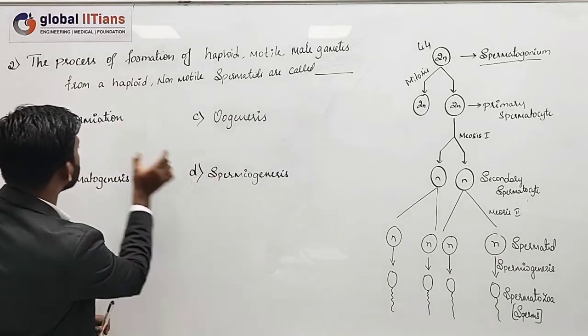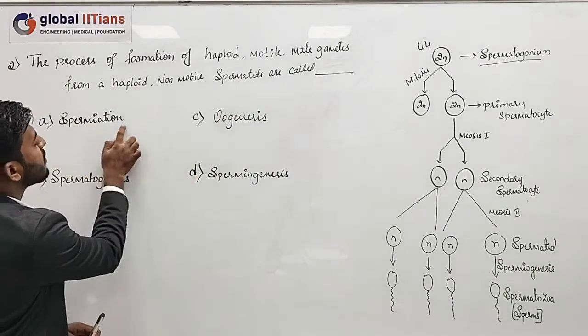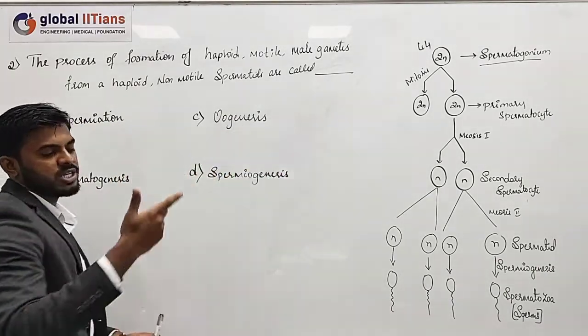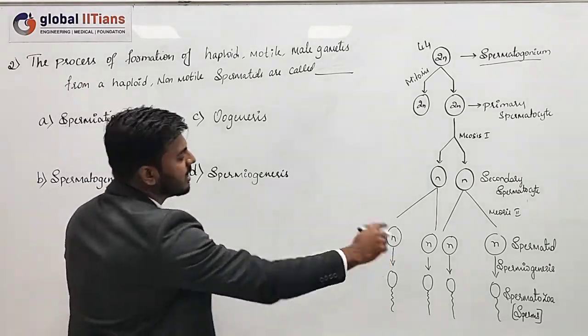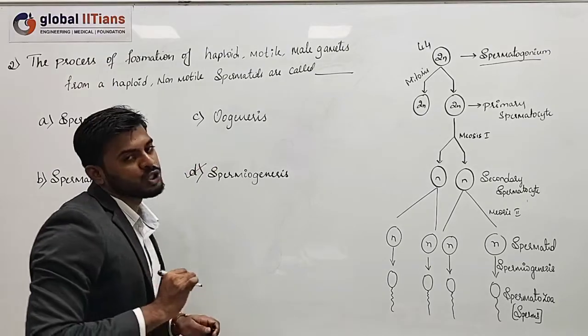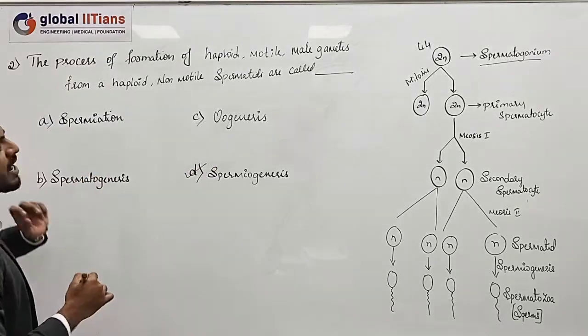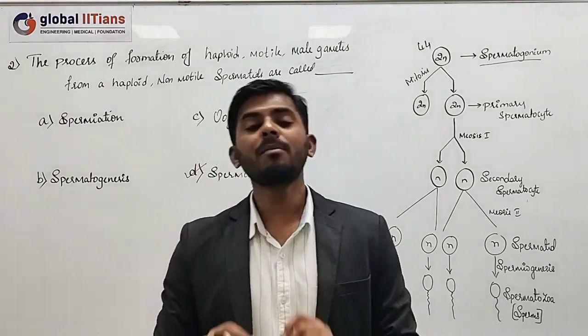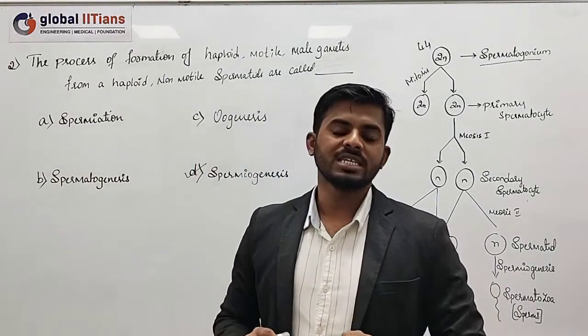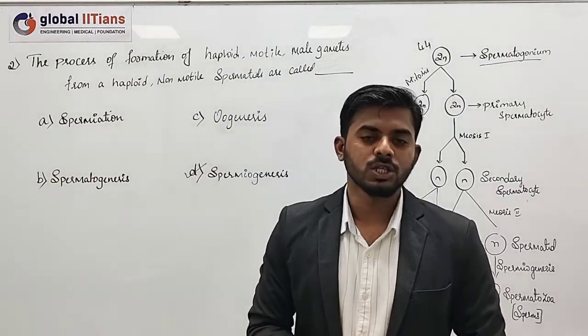spermiogenesis. Here the terms appear to be similar: spermiation, spermatogenesis, spermiogenesis. So we should be cautious here and mark the correct answer, that is spermiogenesis. Then what is spermiation? Spermiation is the release of matured sperm from Sertoli cells into the seminiferous tubule.